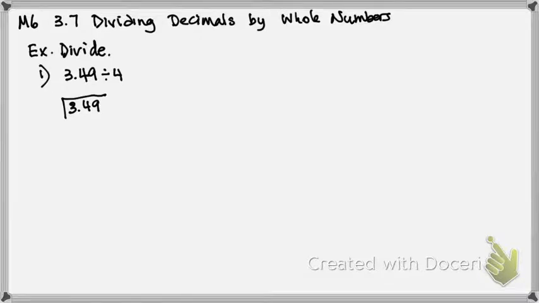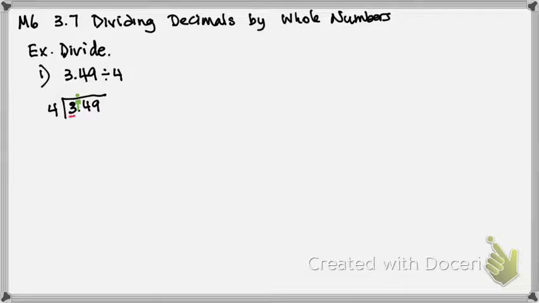So that's the divided by and 4. Okay? So first thing I look for is, do I have a decimal in my divisor? I do not, so that means I can bring my decimal point straight up into my answer. Now I'm going to start dividing.